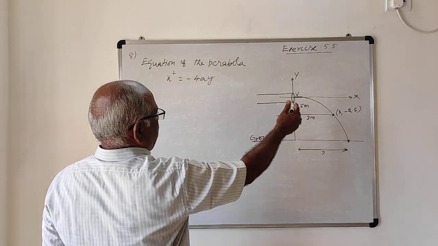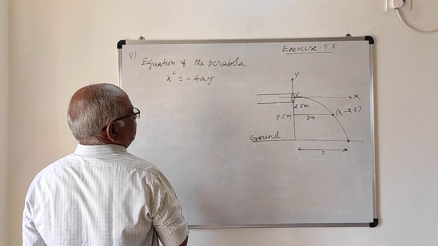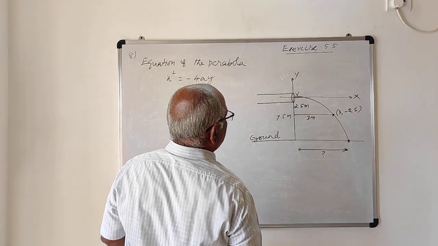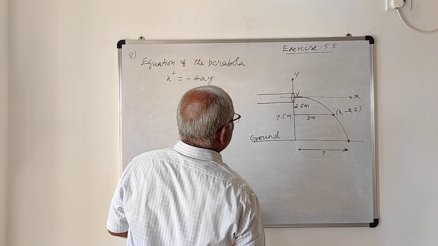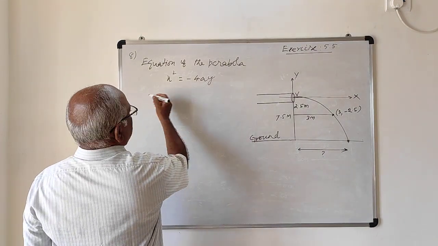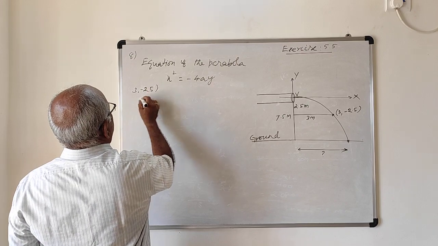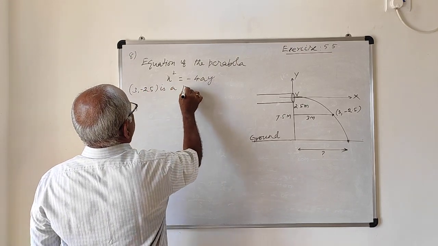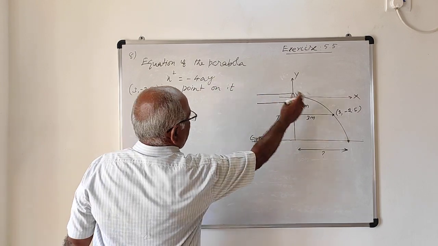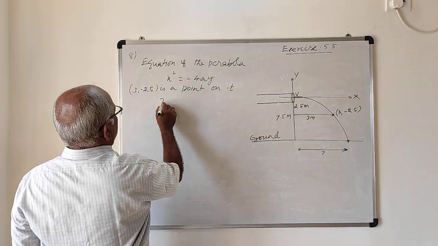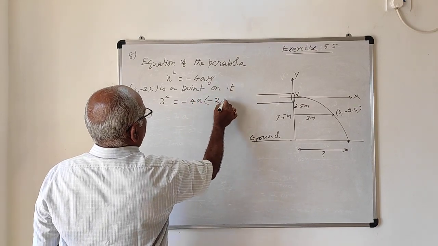The point (3, minus 2.5) is our point on the parabola. So 3 square equal to minus 4a into y, where y is minus 2.5.